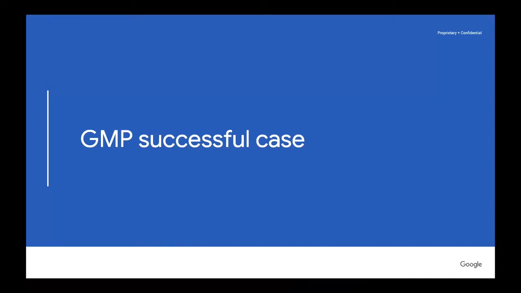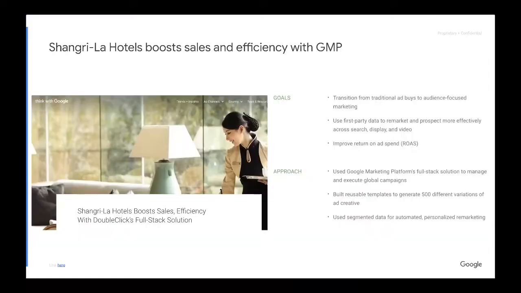If there is any successful case using our DV360 and our Google Marketing Platform, here I will share one of them with you. That is Shangri-La Hotels, which boosted their sales and efficiency with our GMP system, our Google Marketing Platform. So what is the campaign about?